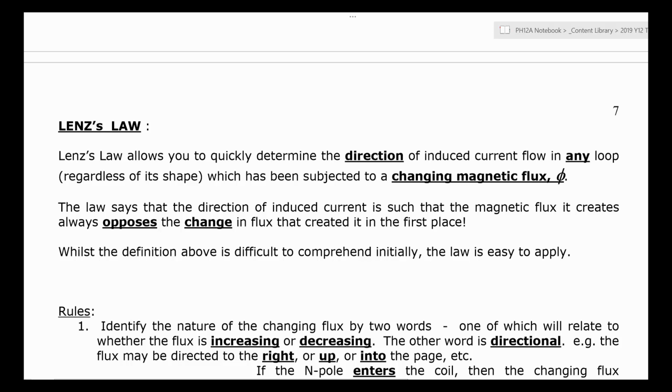I'm assuming that you've had a quick read of Lenz's law, and the crux of it is that Lenz's law is really about the object that is going to have an induced current trying to generate the induced current such that it opposes the change in flux that caused it in the first place.